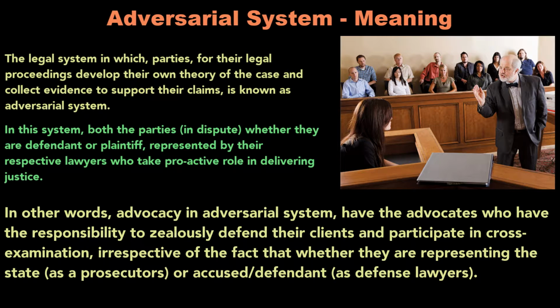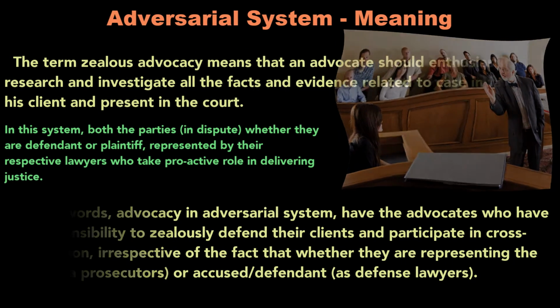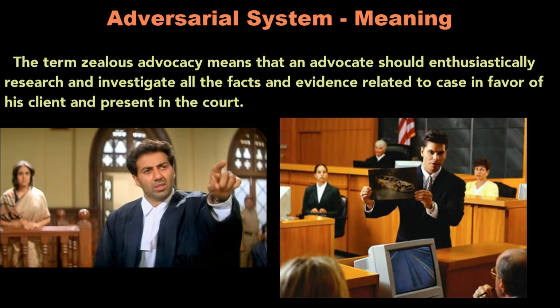Here I use the term jealous or jealously. The term jealous advocacy means that an advocate should enthusiastically research and investigate all the facts and evidence related to the case in favor of his or her client and present it in the court. So your lawyer is supposed to do all those things which are in your favor.